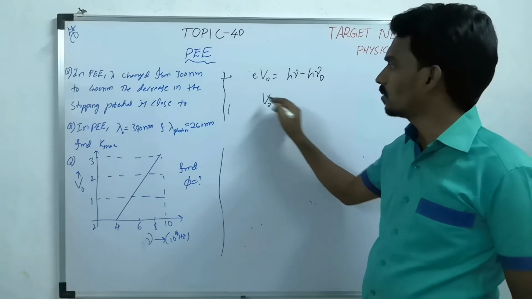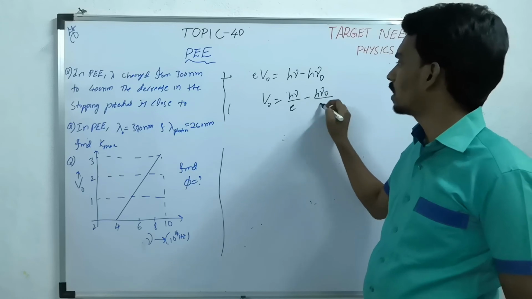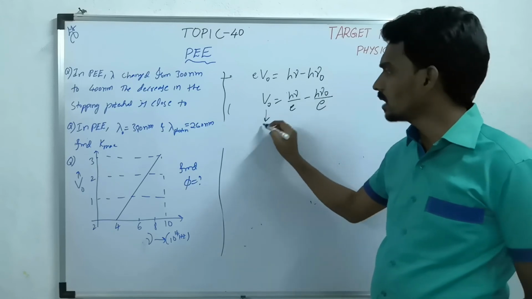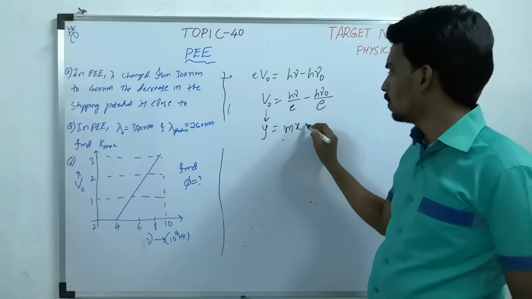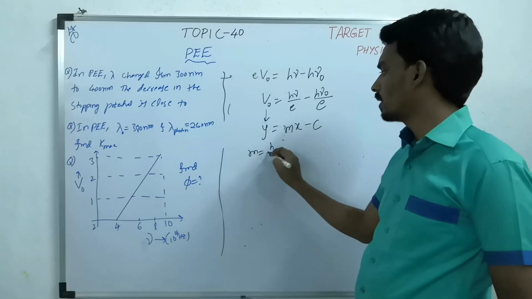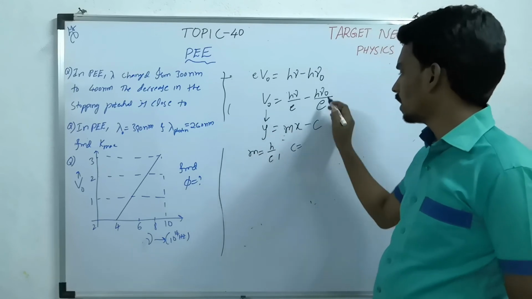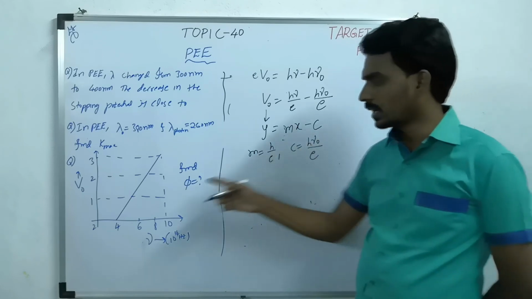V naught is on the y axis, so V naught equals h nu by e minus h nu naught by e. Frequency is on the x axis, so it is y equals m x minus c. What is in place of slope? h by e. What is in place of intercept? h nu naught by e. Positive slope, negative intercept.